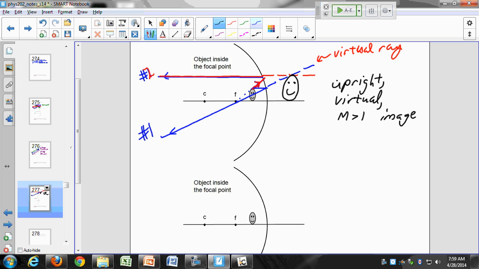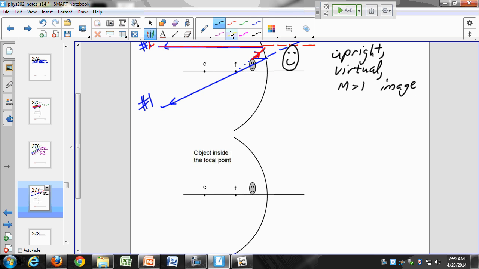I can draw the other rays. You can either do it on the same diagram or I'm going to draw it down here. Number 3 goes through the center of curvature and then back on itself. So I draw a ray up into the mirror as if it's originating from the center of curvature in that way, but then it reflects back on itself. It comes up that direction, and then it reflects back on itself. And then I'm going to go ahead and trace back the virtual ray.